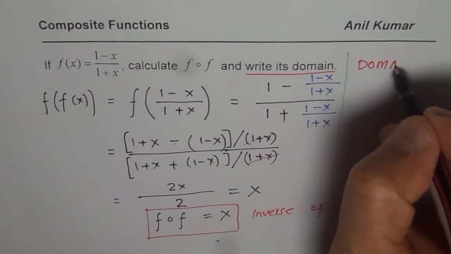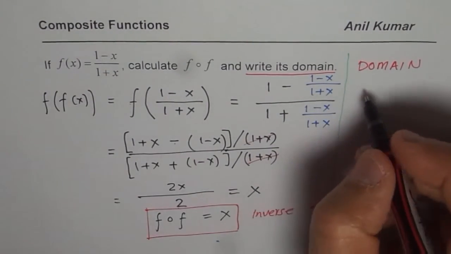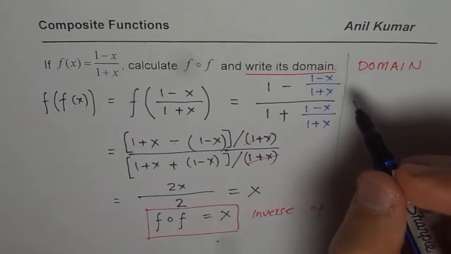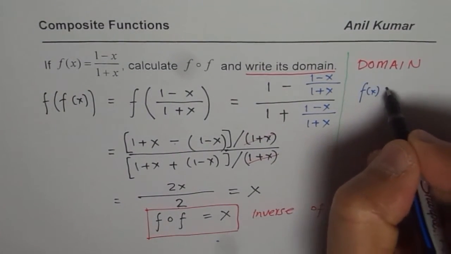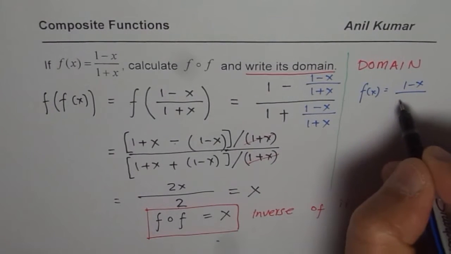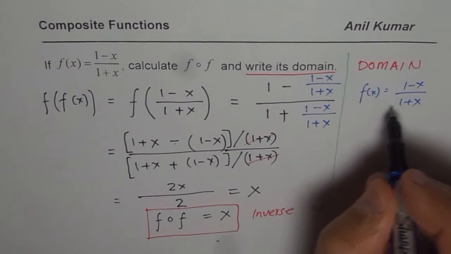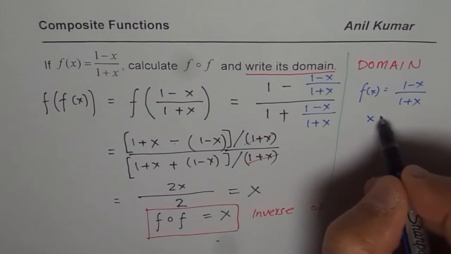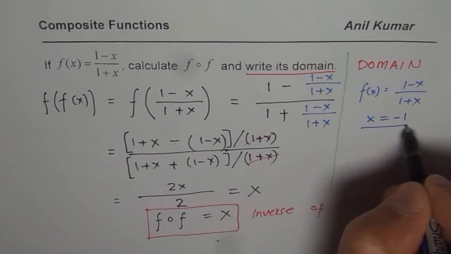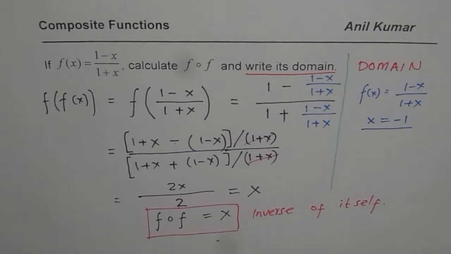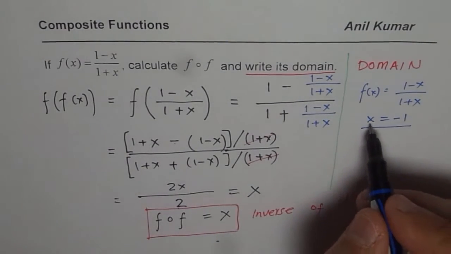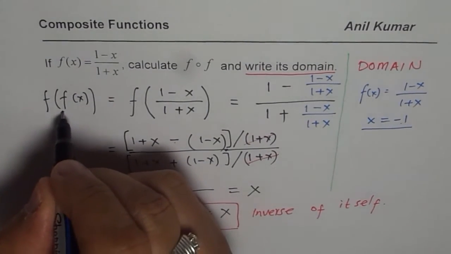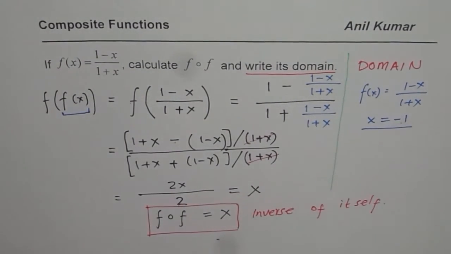So the starting point of the function is f of x equals 1 minus x over 1 plus x. So what are the restrictions here? x is not equal to minus 1. That is the restriction. So the domain is all real numbers except minus 1 for the inside function.